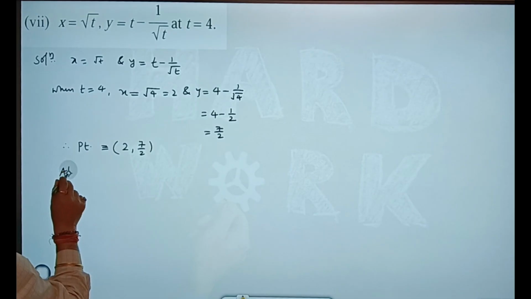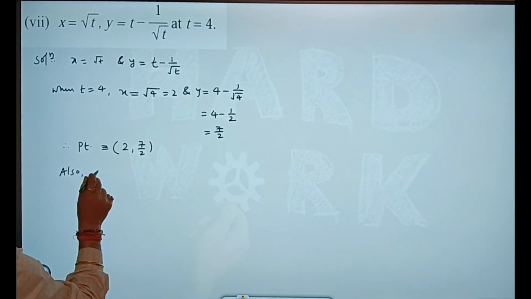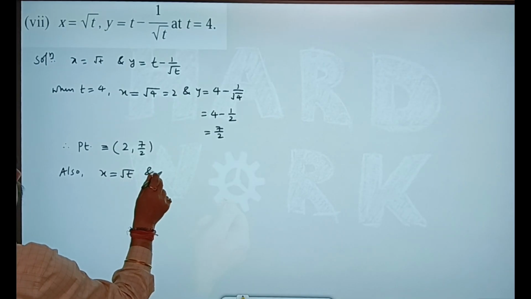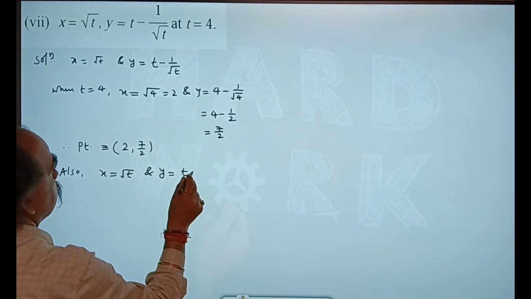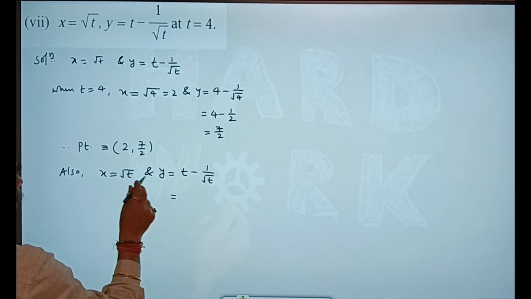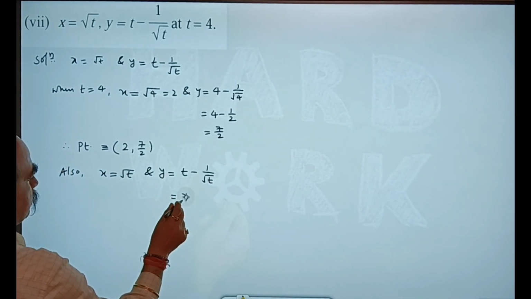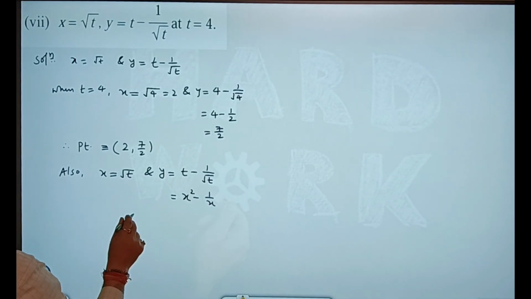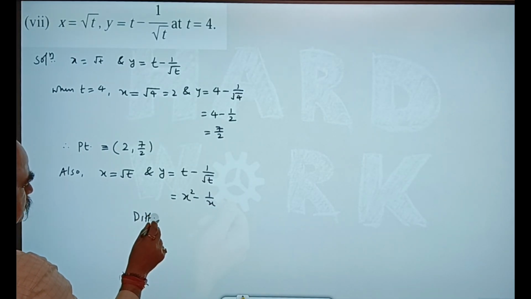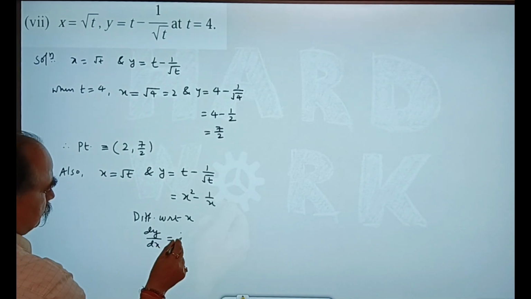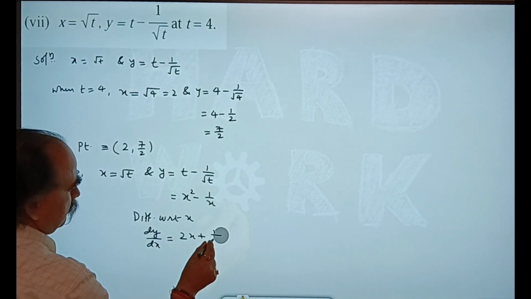Also, x is √t and y is what? t minus 1/√t. t will be x squared, so y is x squared minus 1/x. Differentiating with respect to x, dy by dx is equal to 2x plus 1/x squared.